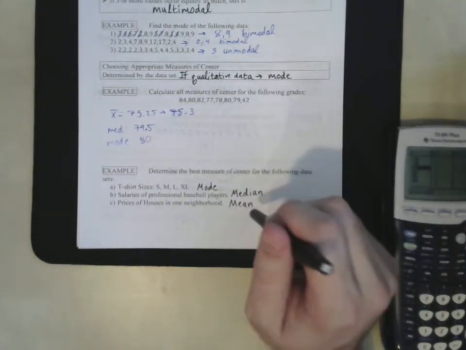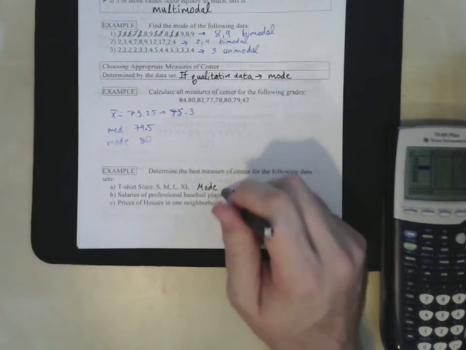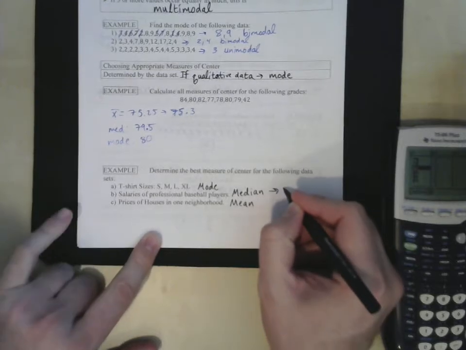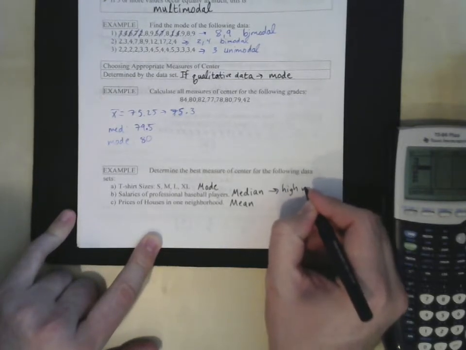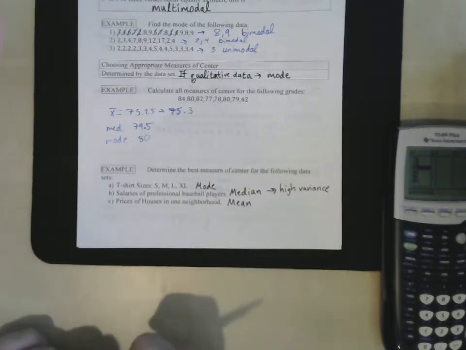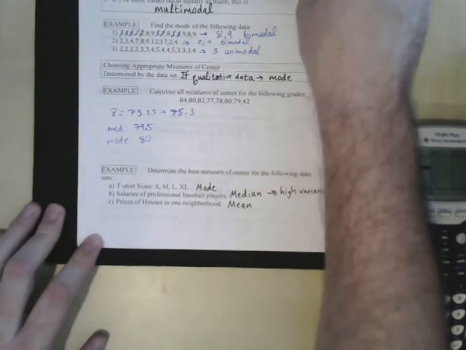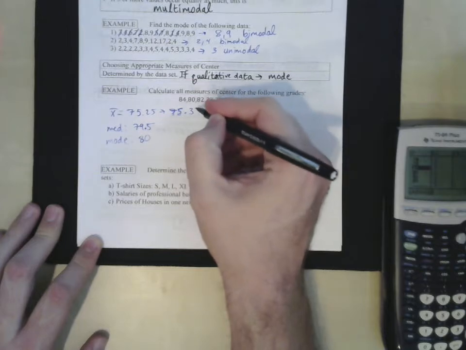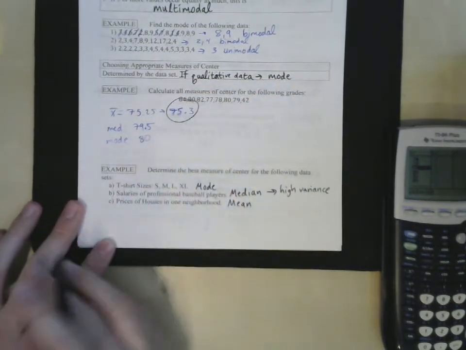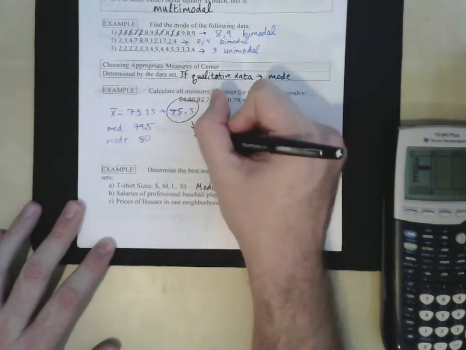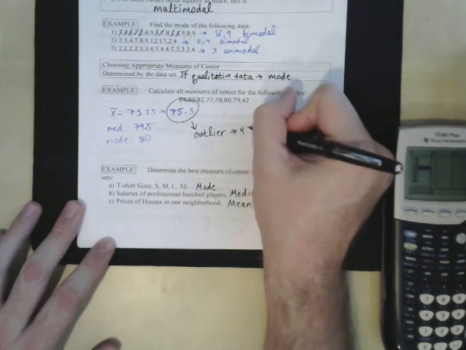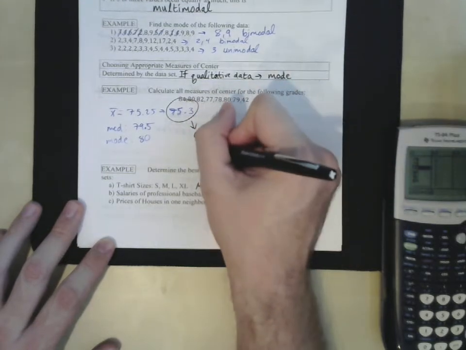So you're not going to get a good measure of center out of something like professional baseball players because there's high variance, which we'll talk about in the next section. So that's the same reason this value here is so much lower comparatively to these two, is the outlier, which is 42, is affecting this.